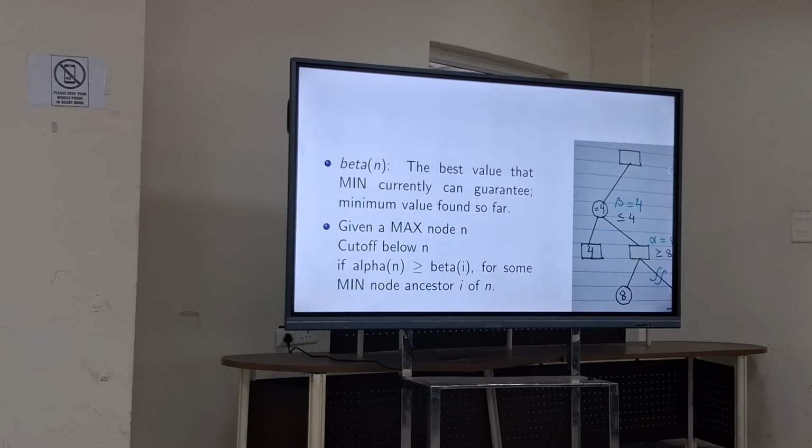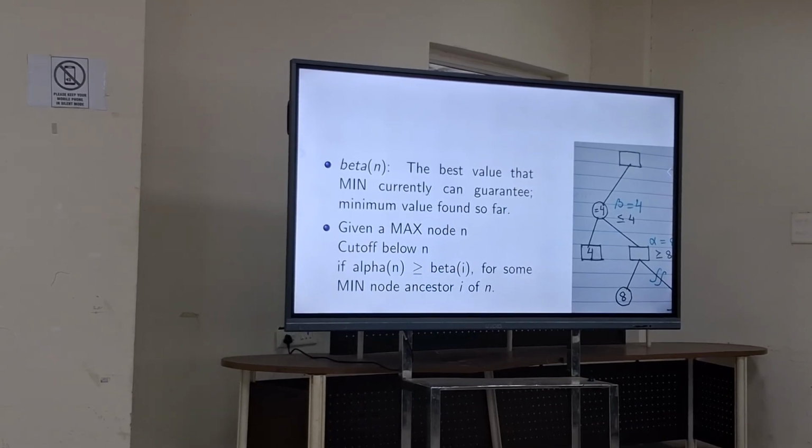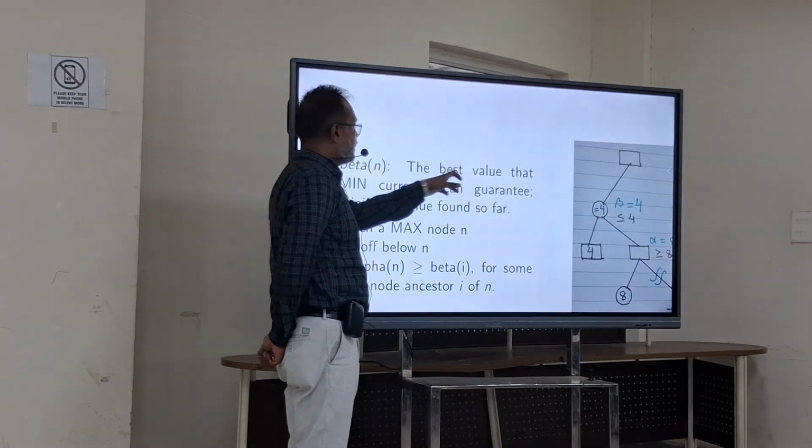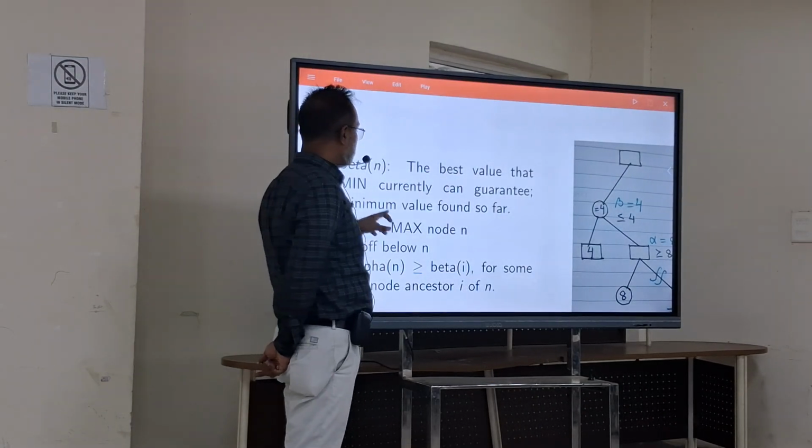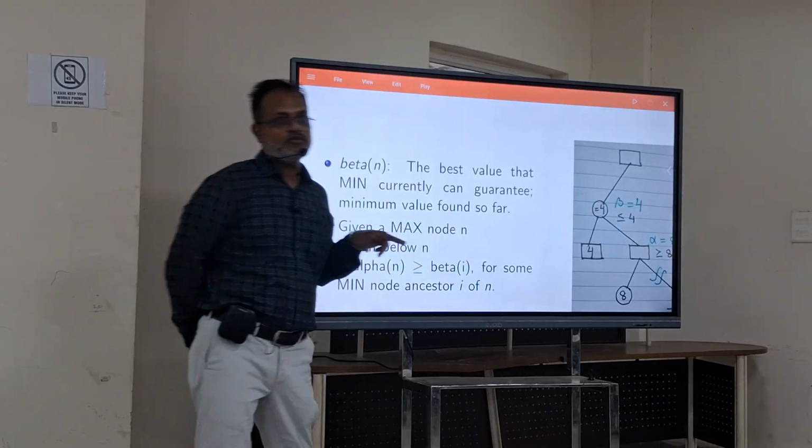Beta value is the best value that mean can guarantee. That means minimum value obtained so far. Write this down. So beta value is the best value that mean currently can guarantee, which is the minimum value obtained so far.